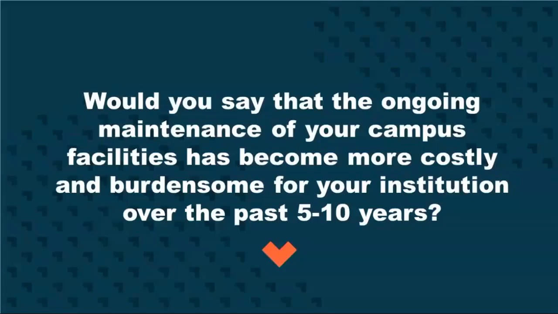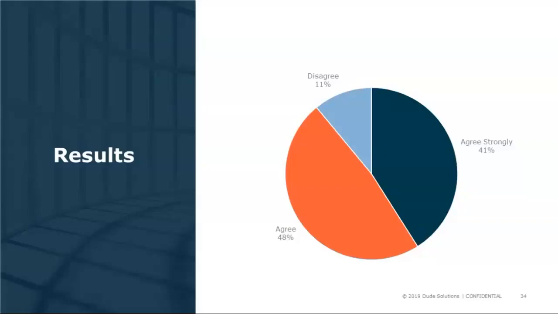The next question was around ongoing maintenance of campus facilities being more costly and burdensome over the past 5 to 10 years. And it was a staggering agreement that it was definitely costing a lot more money. And we'll dive into how much, and into the insight of what can drive that.